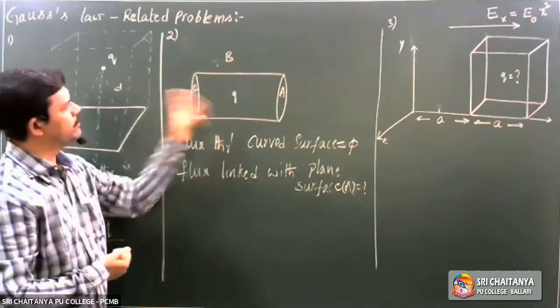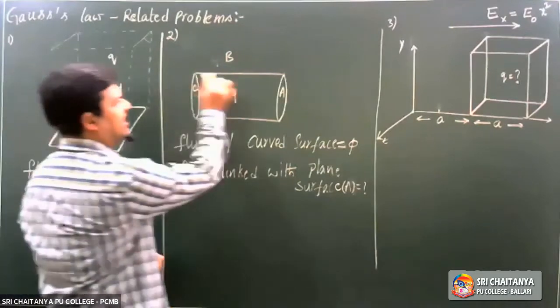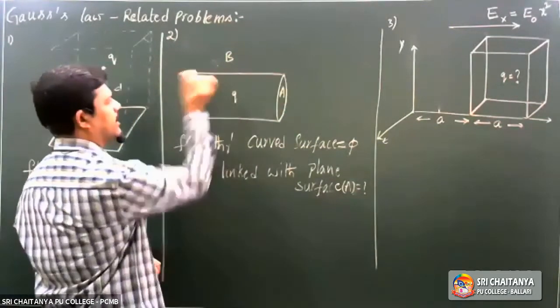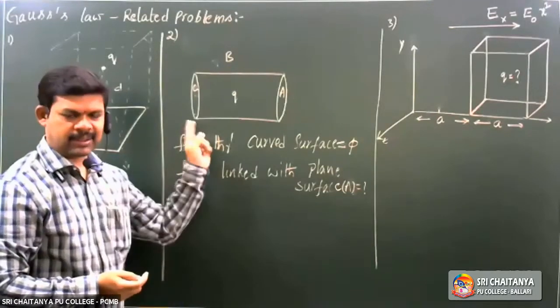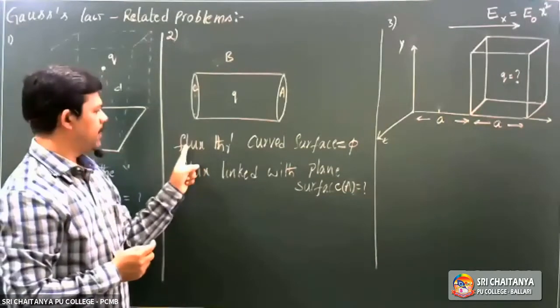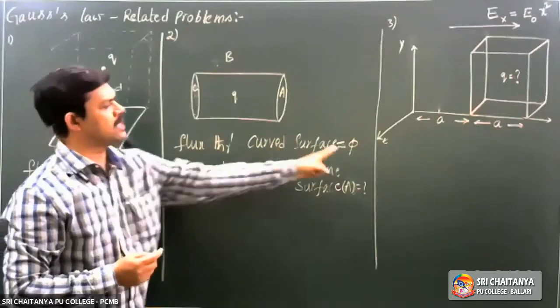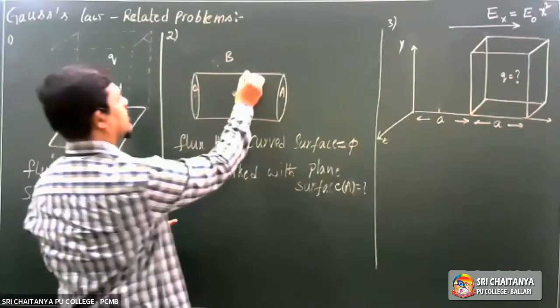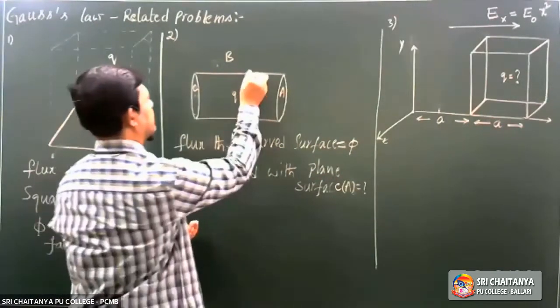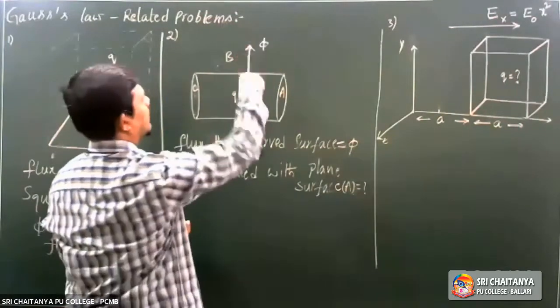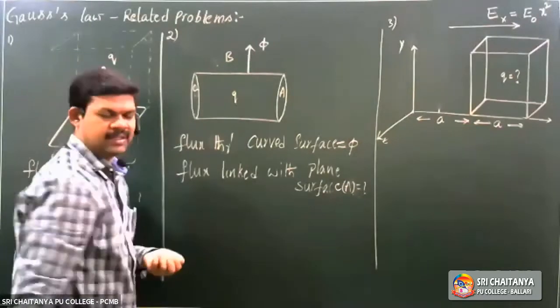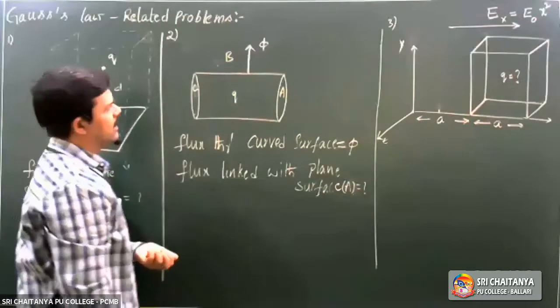See here, this is a cylinder. This is the question which is in your exercise. Flux through the curved surface is phi. Flux coming out of this curved surface is given as phi.